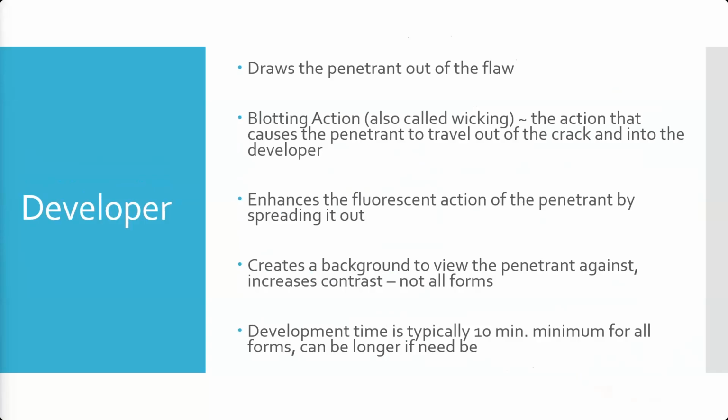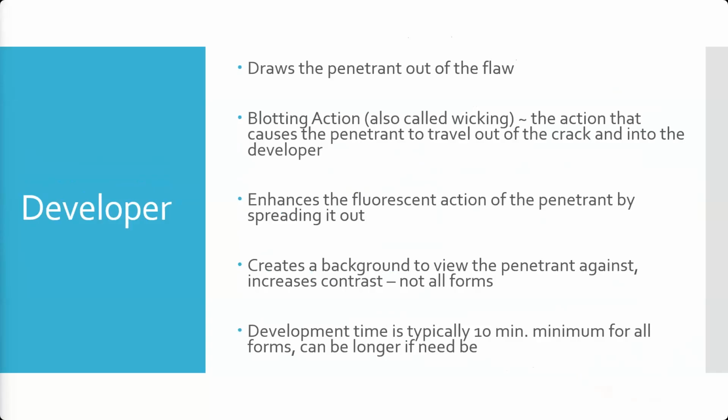Another name for it is wicking. You can call it blotting or wicking. It pulls it out of the crack and brings it up to the surface. The other part is that with fluorescent as well as visual, it helps to spread it out.